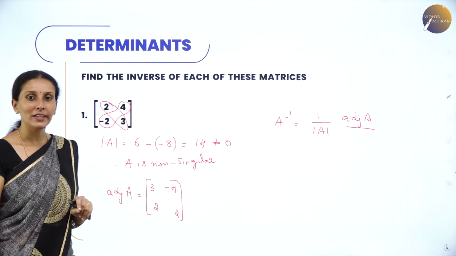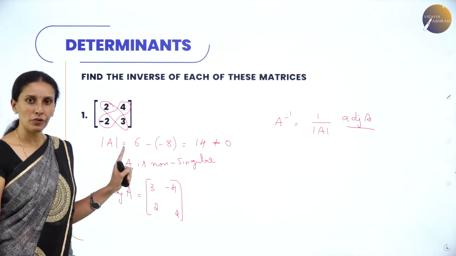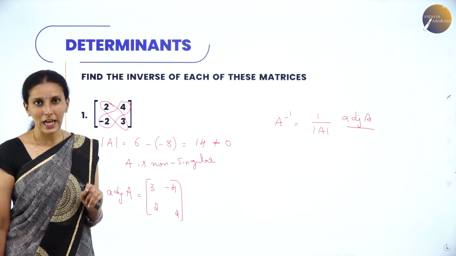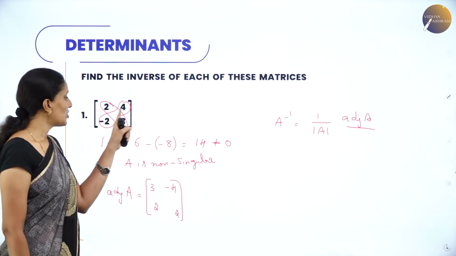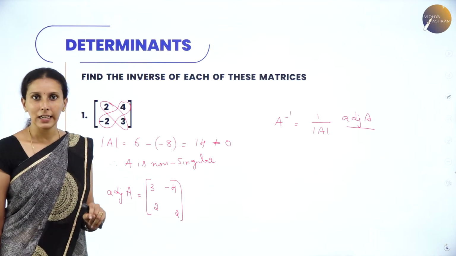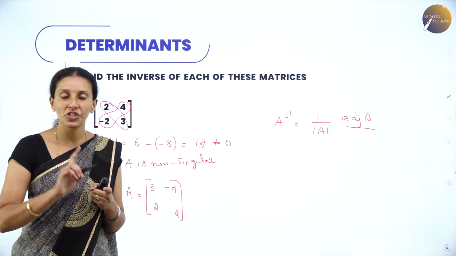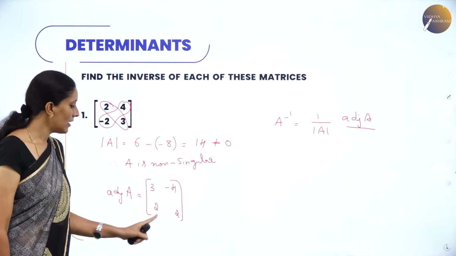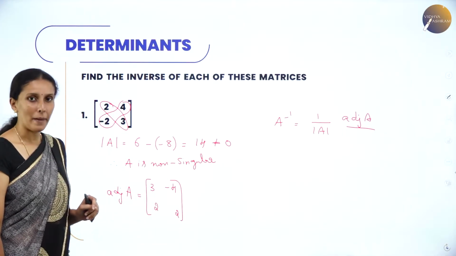So this is the shortcut method to find the adjoint of 2 cross 2 matrix. That is, interchange the principal diagonal elements and change the sign of other diagonal elements. You can't interchange it, just change the sign of the given values here. So this is the adjoint of the given matrix here.